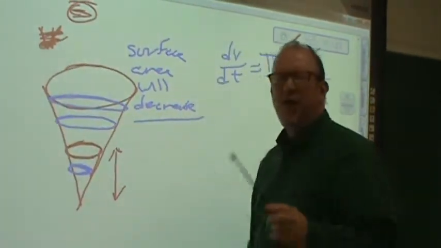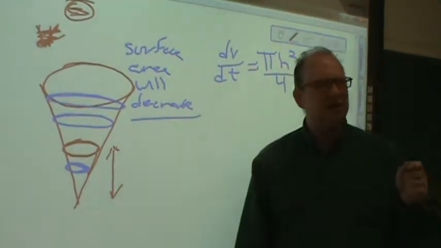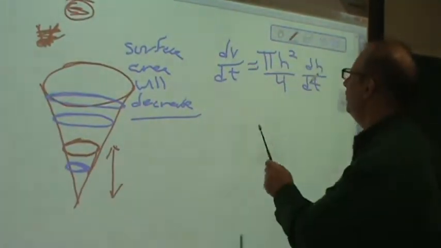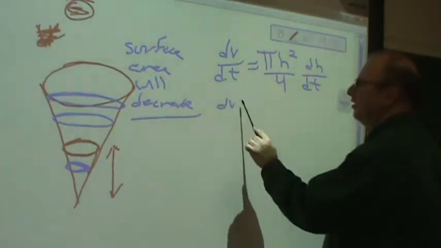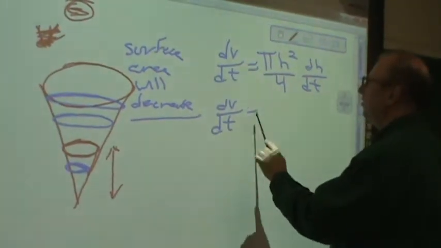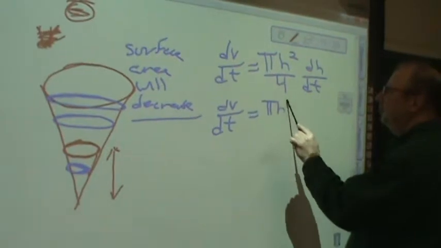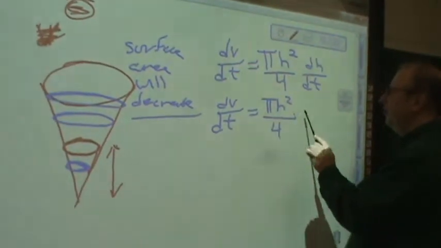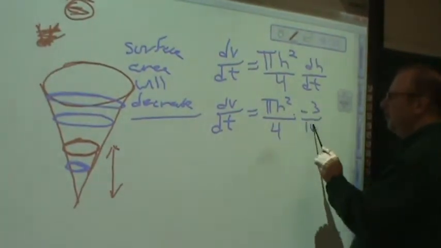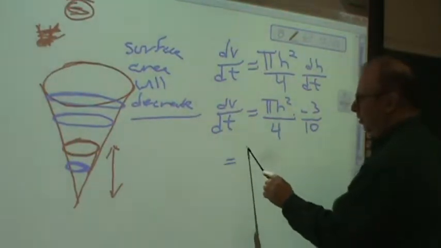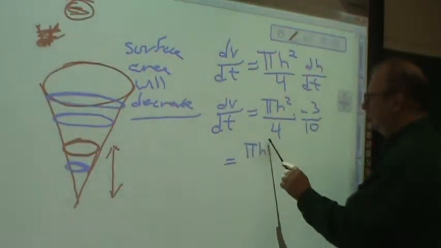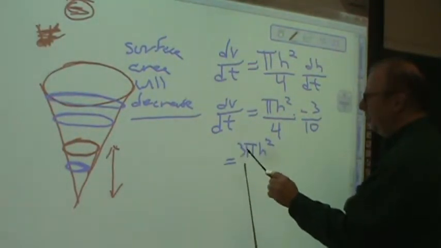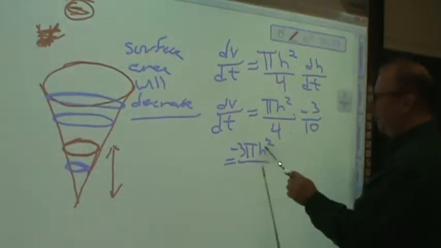And we know for a fact already from the given example that dH/dt is negative 3 over 10. So dV/dt is equal to pi h squared over 4 times negative 3 over 10, which gives you negative 3 pi h squared over 40.